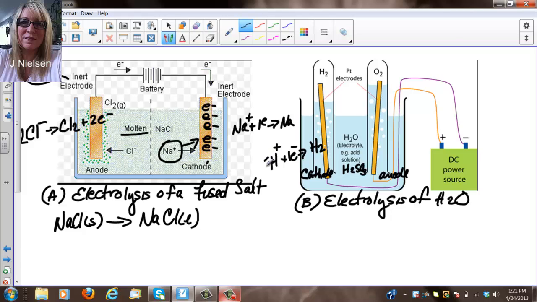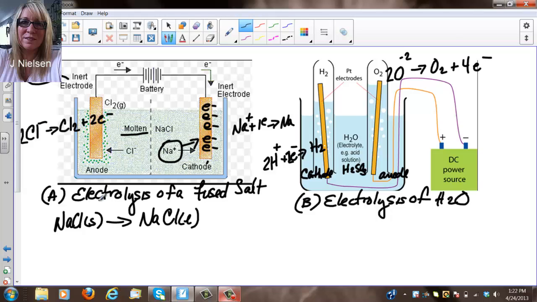So this is going to be 2H plus, so this should be 2 electrons. Positive 2 and a negative 2, 0. Over here you've got O minus 2 going to O2. So this is going to be 2O, so this is going to be plus 4 electrons over here for the oxidation of oxygen.